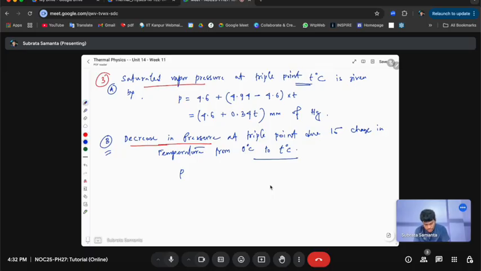So then P equals, again the same thing, 760. This is basically 76 centimeter of Hg, that means 760 millimeter of Hg, minus, at 0 degree centigrade, 1 atm. So I converted to millimeter, and then minus your 4.6 plus 0.34, which is basically the difference between 0 and 1 degree centigrade, times T. Everything is in millimeter of Hg.